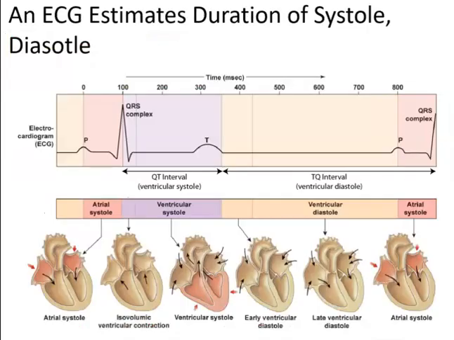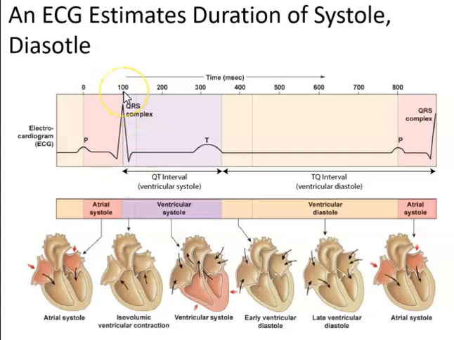So when we talk about systolic time and diastolic time, we look at the different intervals that represent either ventricular systole and ventricular diastole. So the EKG estimates duration of systole and diastole of the heart. So we're looking first at the QT interval. The QT interval represents ventricular systolic time. And here we see that we can measure the time.